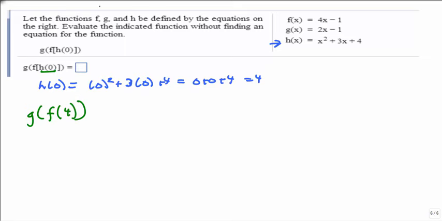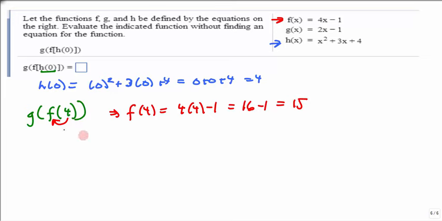My next step is to take 4 and plug it into f. So f of 4, I would plug in up here. I'd have 4 times 4 minus 1. 16 minus 1 is 15. Okay, so now I know f of 4 is 15.